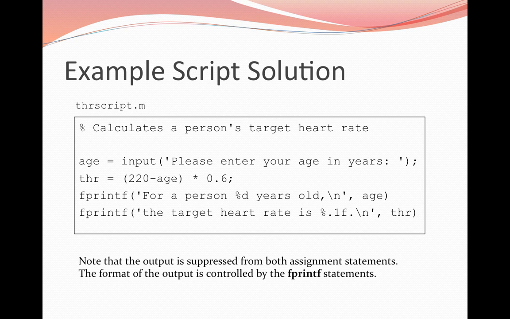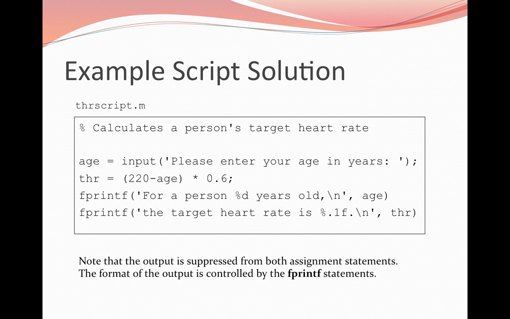So it prints for a person, for example, 33 years old, comma, and the new line moves down to the next line in the output, because there were 2 lines in the output. And then we print the target heart rate is, and with 1 decimal place, we print the value of the float THR, so the value of that variable and the new line character.